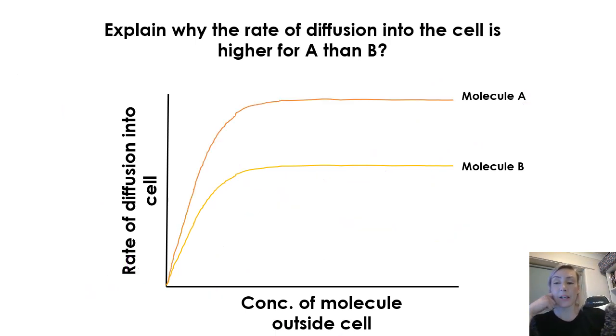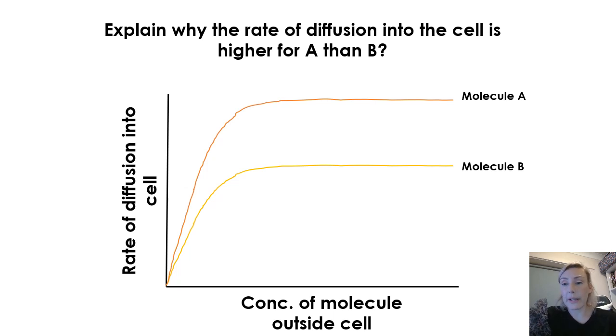Another way the examiner can ask about your understanding of membranes is a question like this. Explain why the rate of diffusion into the cell is higher for A than B. Okay, so they're both facilitated diffusion. I can see that because they both plateau, they both level off, even though the concentration of the molecule on the outside of the cell is going up.